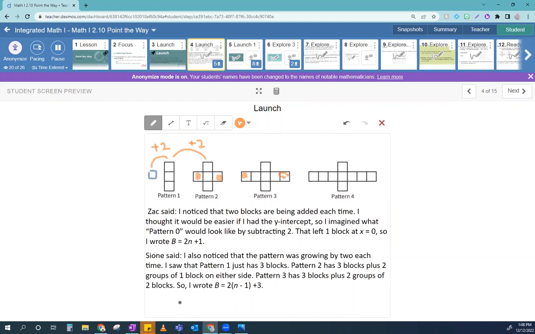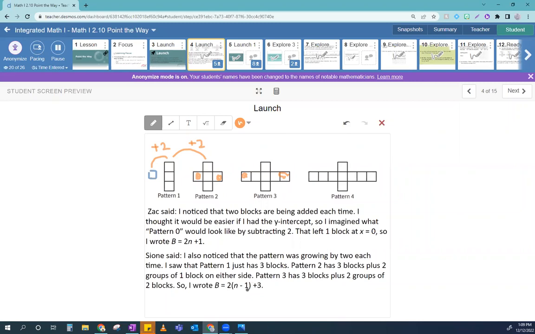So Sion says, I also noticed the pattern was growing by 2 each time. I saw that pattern 1 just had 3 blocks. Pattern 2 has 3 blocks plus 2 groups of 1 block on either side. Pattern 3 has 3 blocks plus 2 groups of 2 blocks. So I wrote y equals 2 times the quantity n minus 1.